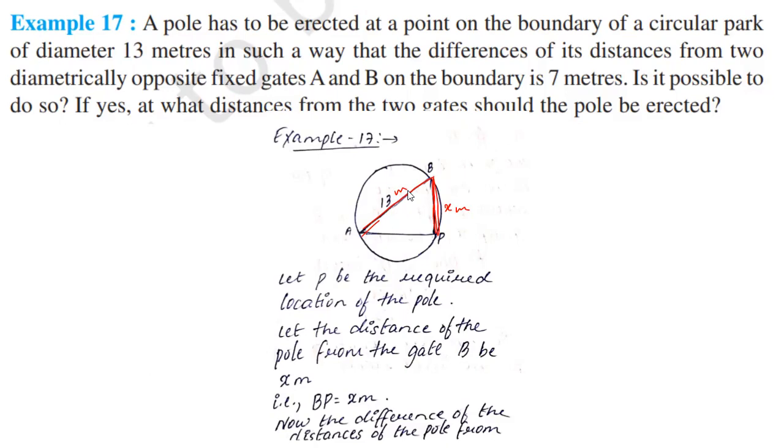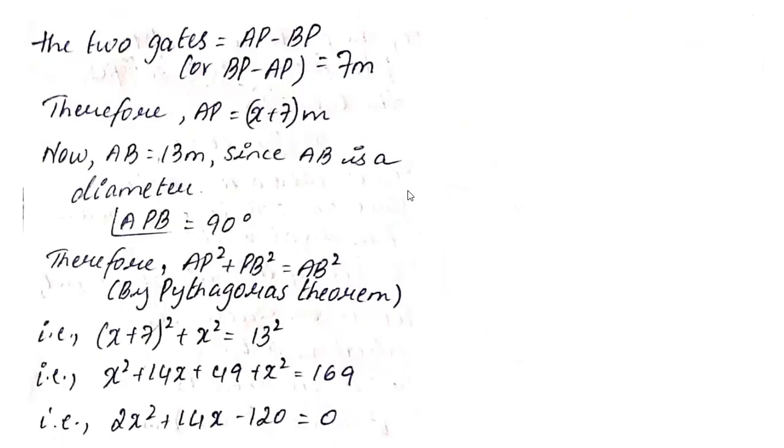And now the distance of the pole from the two gates, AP minus BP or BP minus AP, either of them, the difference between the two distances is 7 meters.